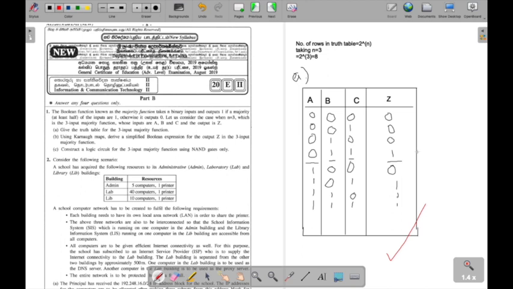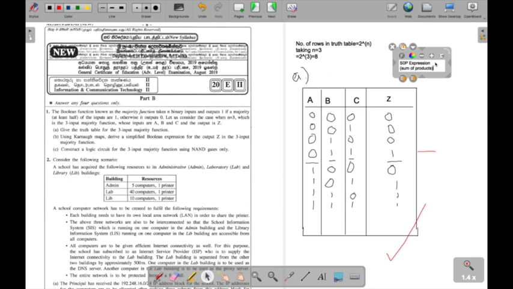That is, you should mark the points. You should first identify if you are going to take the SOP expression or the POS expression. The SOP expression is the sum of products.